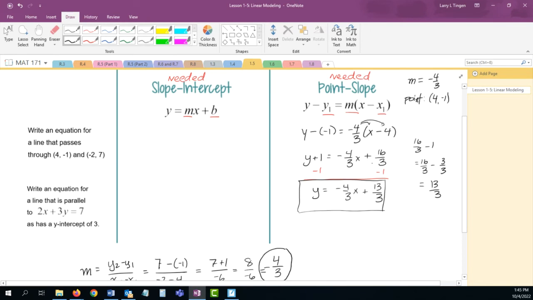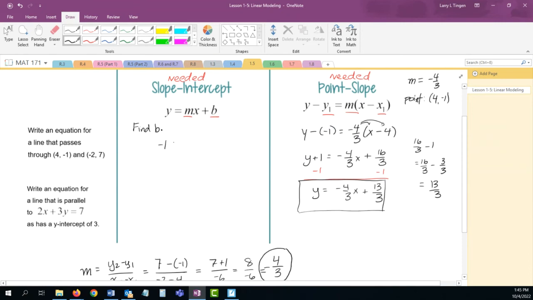All right. Now let's do that same problem, but use the slope-intercept form. So I have the slope, but I still need the intercept. So I'm going to go find b. I take a point that I'm given and the slope, I plug it in, and then I'll have b left over. I'll solve for that.